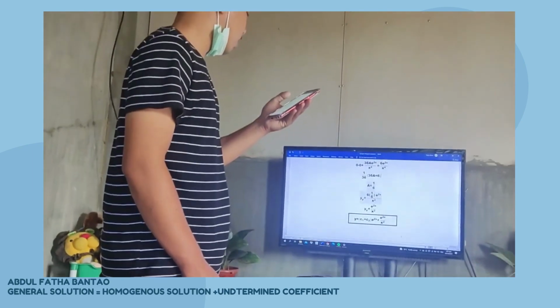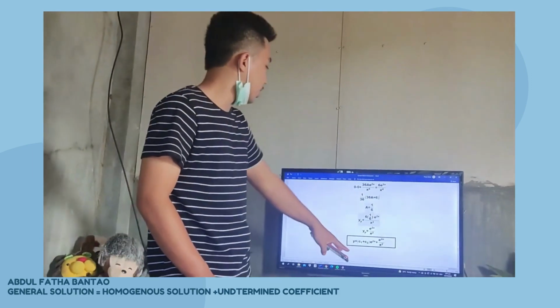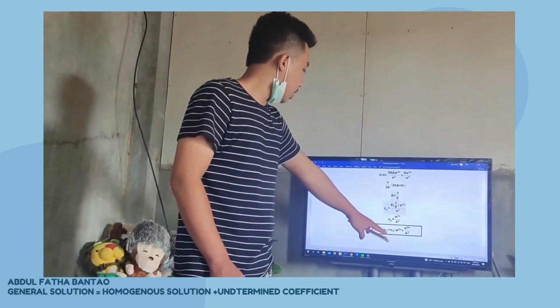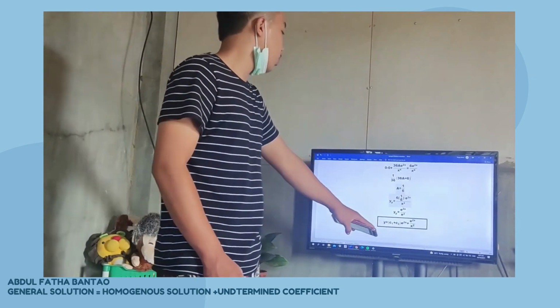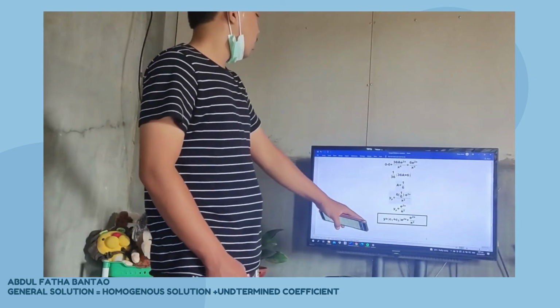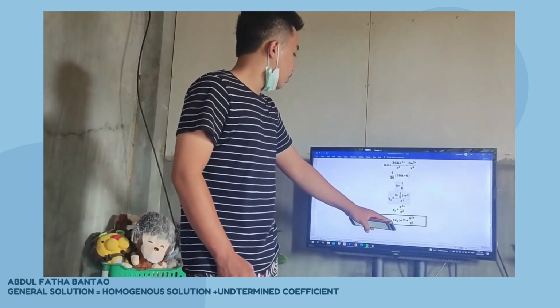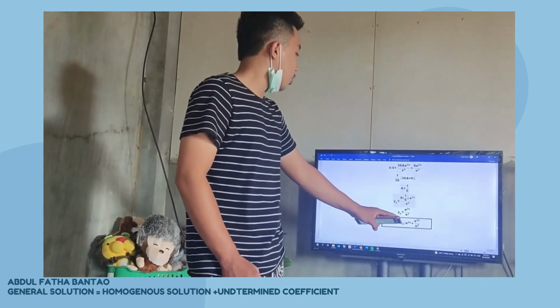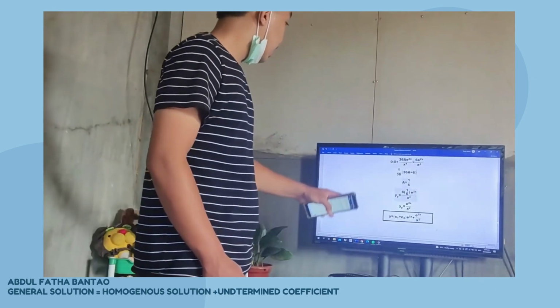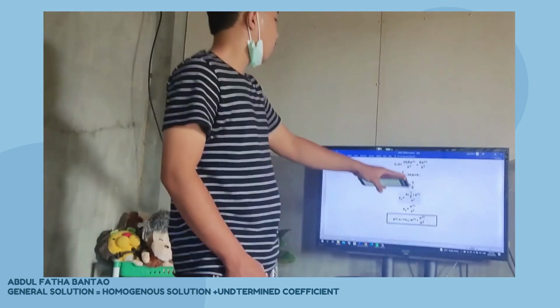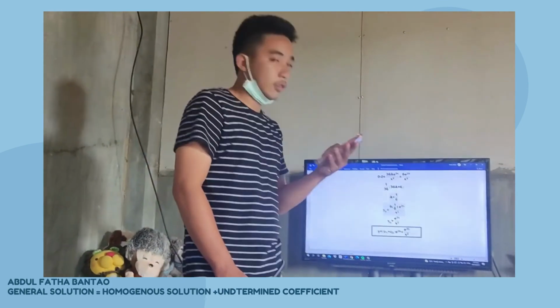And we have its general solution, which is y equals c sub 1 plus c sub 2 multiplied by x, times e to the power of 2x, plus e to the power of 2x all over x squared. And that's all.